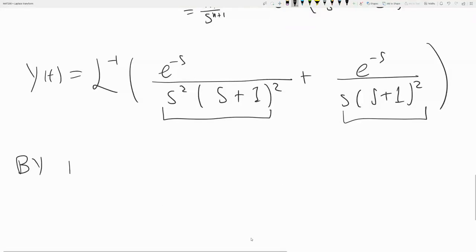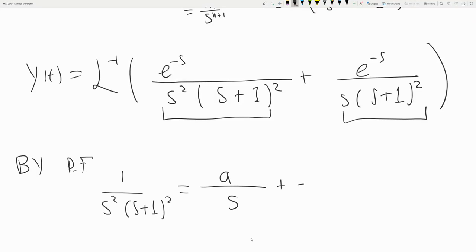By partial fractions, 1 over s squared (s plus 1) squared needs to equal a over s, plus b over s squared, plus c over s plus 1 and d over (s plus 1) squared.